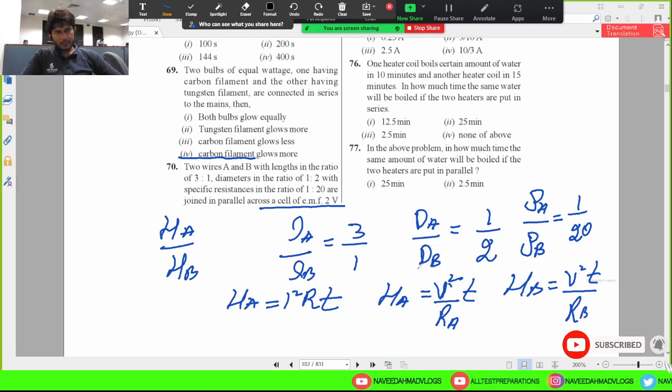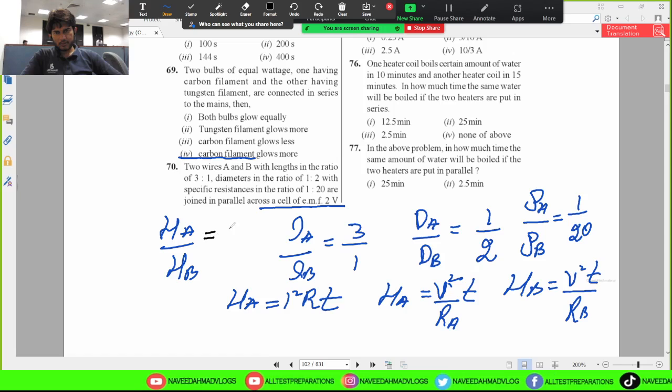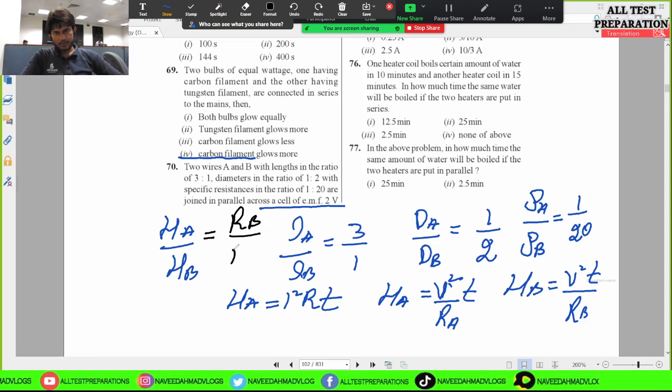So you can write it like this, that should be equal to RB divided by RA. Inverse relation.